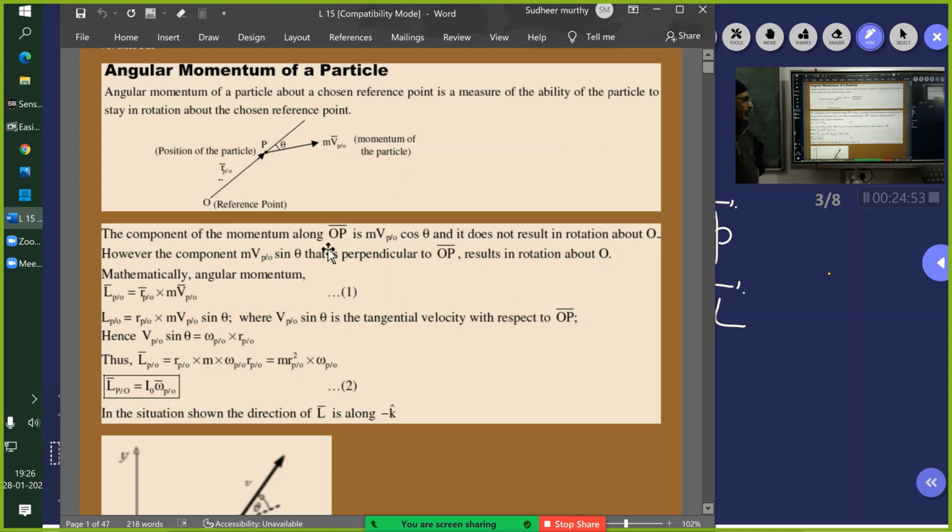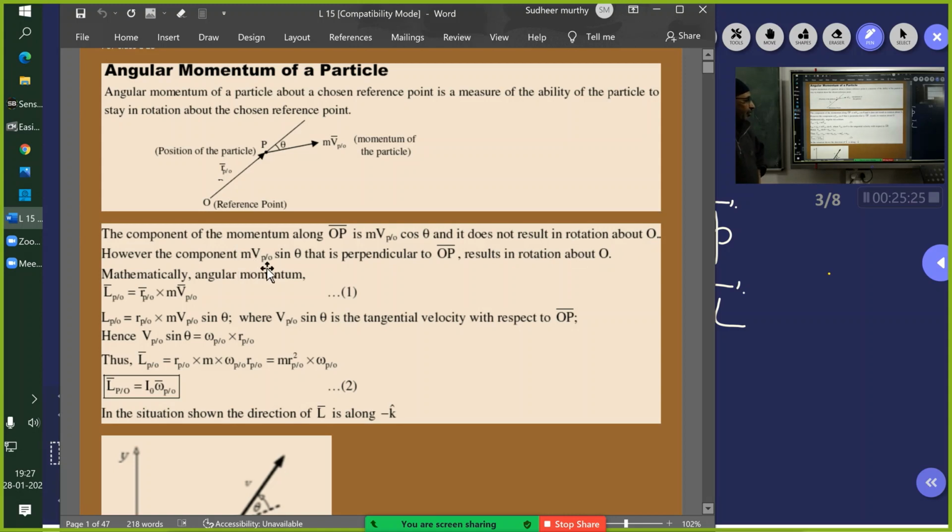So the component of the momentum along OP bar is M Vp cos theta, and does not result in the rotation about O. Obviously, if the particle is moving along this line, then as the particle is moving, the angular position of this with respect to this is not changing. So it does not result in rotation about O.